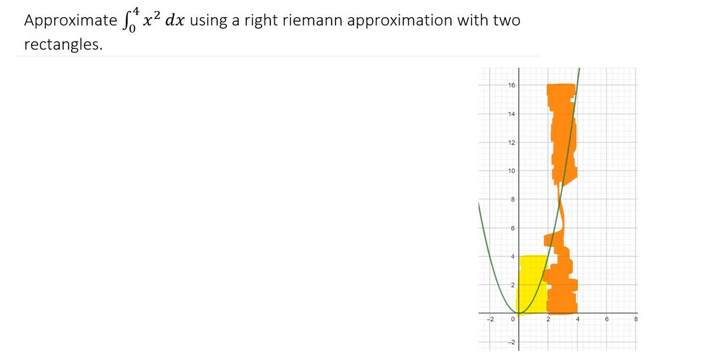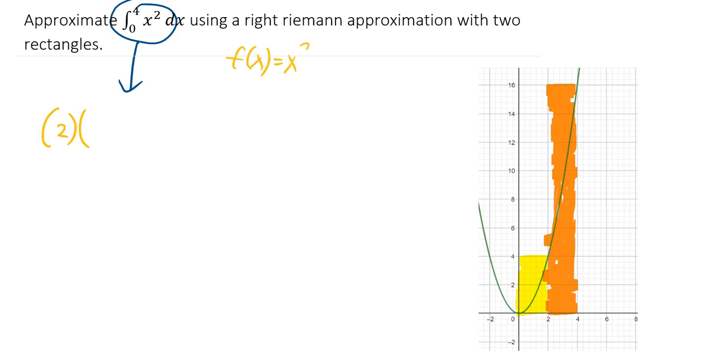And that area I'm looking for, I'll approximate as the sum of these two areas. So this integral right here, I'm going to approximate as the sum of two different rectangles. One rectangle has a width of 2 and a height of f of 2. Let's just call f of x x squared. It has a width of 2 and a height of 2 squared, plus my other rectangle has a width of 2 and a height of 4 squared.